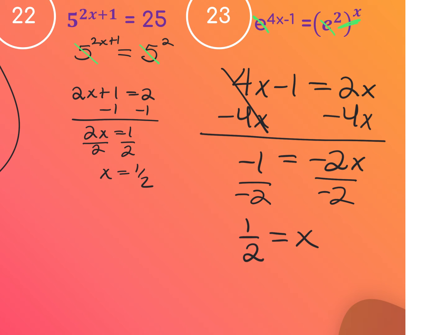And again, you can plug it back in and just make sure that those powers end up being the same thing. But again, don't panic when you see an e. We're just still doing the same thing, making them have the same base. We have 6 more examples, and then we're done.